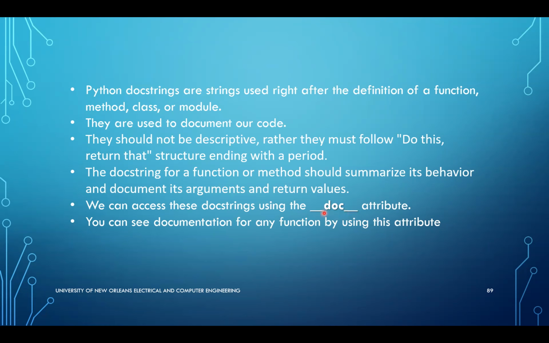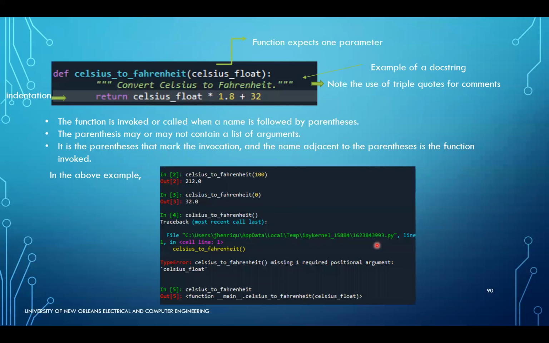It's not 1, okay? If we use only 1, it will create an error. So it uses 2 underscores. We'll see examples in a minute. You can see documentation for any function using this attribute, not just the ones you created, but for any function already in Python. So let's look at some examples and make some sense out of this.